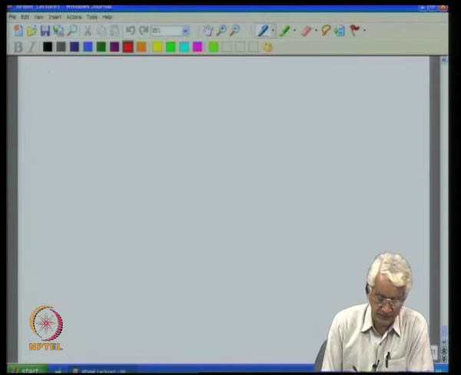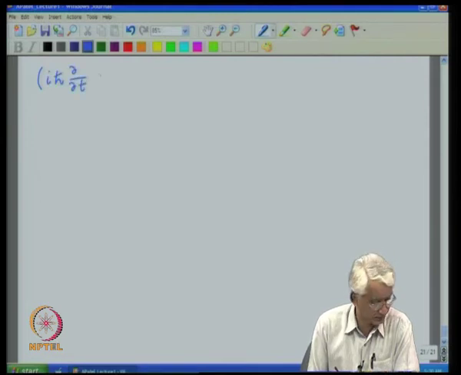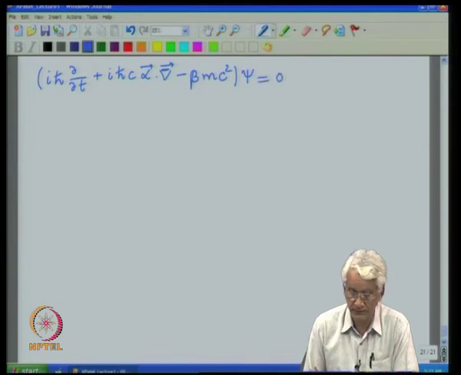So, first we write the energy and momentum in terms of the corresponding operators, which make the equation look like i h cross del by del t, which is the operator corresponding to time, and then the particular form for the momentum, and then the rest mass energy acting on the wave function equal to 0.